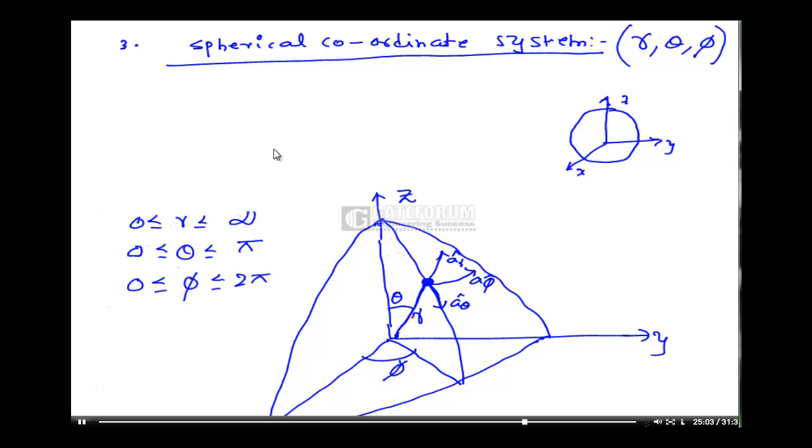Suppose you want to represent a vector A bar in the spherical coordinate system. It is represented as A bar equals A r ar bar plus A theta a theta bar plus A phi a phi bar. Similarly, the unit vector identities are ar dot ar equals a theta dot a theta equals a phi dot a phi equals 1.